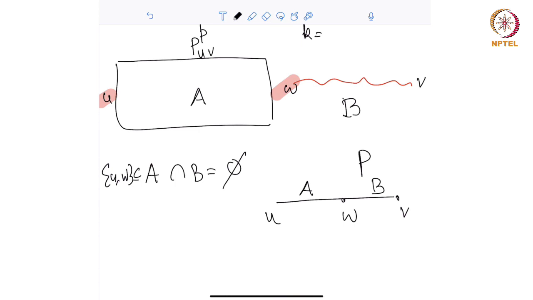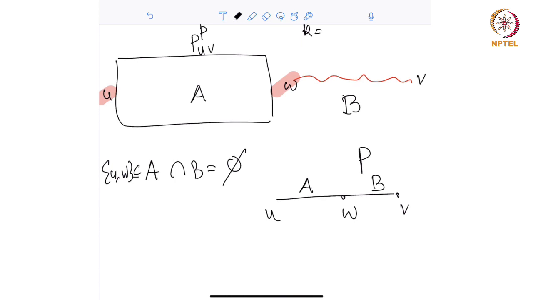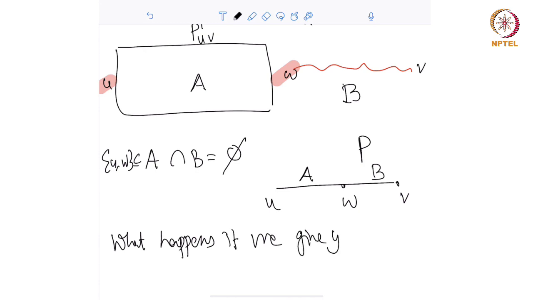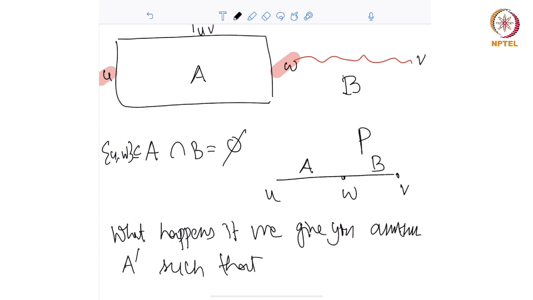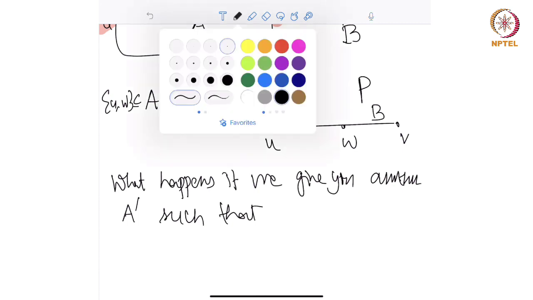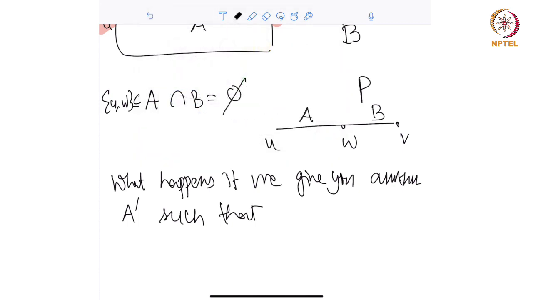Now let's ask ourselves what happens if we give you another A prime such that all I can say to you is that A prime intersection B is phi. All that I can guarantee you.